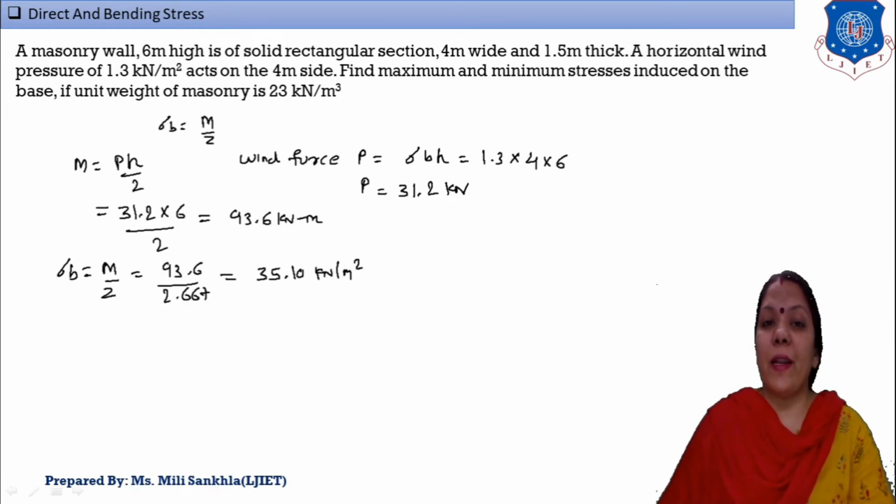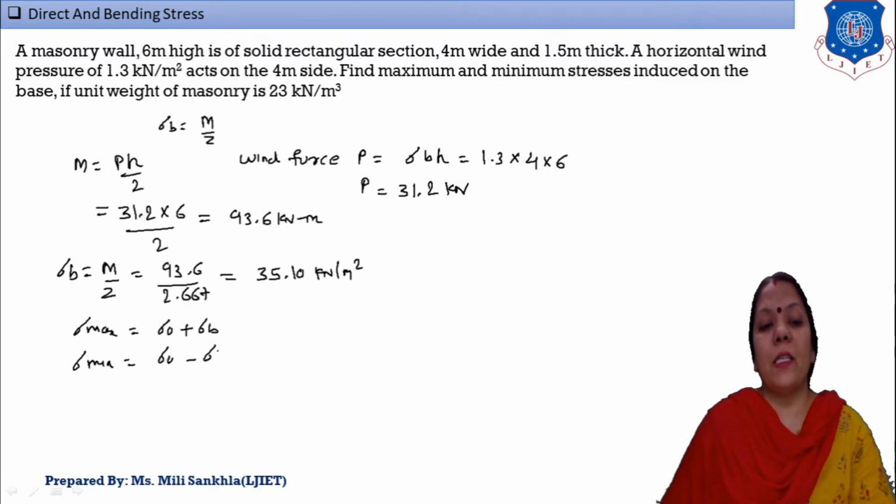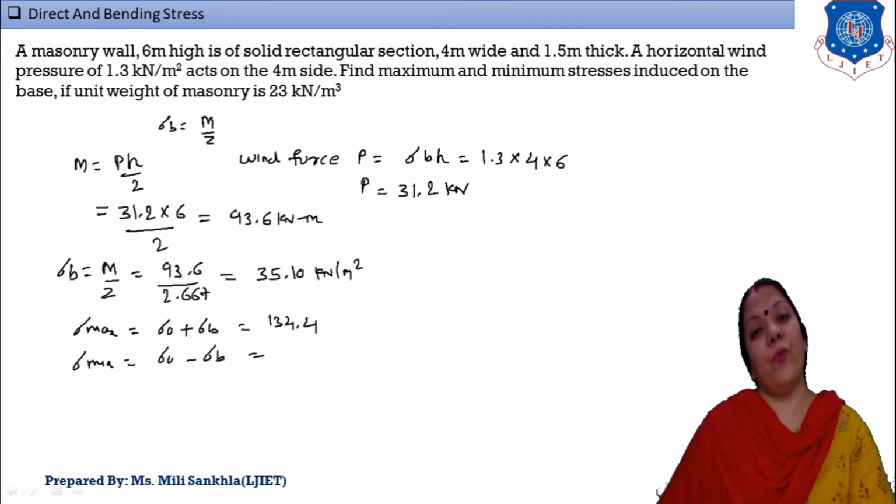Now we find sigma max. Sigma max is the summation of direct stress and bending stress, and sigma minimum is the difference between direct stress and bending stress. The direct stress is equal to 134.4 and our bending stress is equal to 35.10.